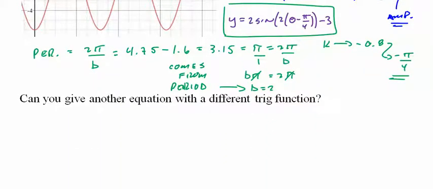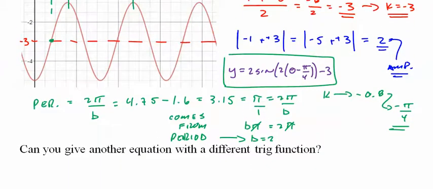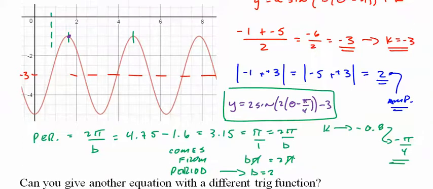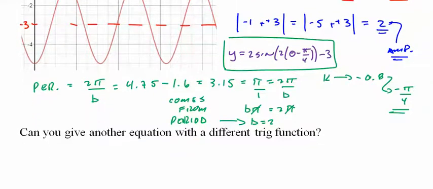Well, what if we wanted to do a different trig function? Let's say this was cosine. Nothing has changed. Cosine, we want to start up here. Well, we kind of already figured that out. That's 1.57. That's pi over 2.